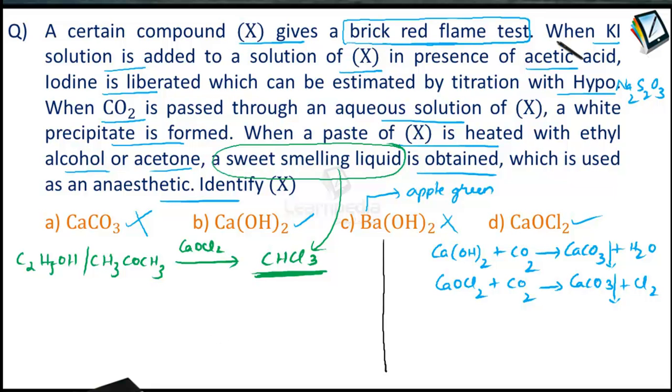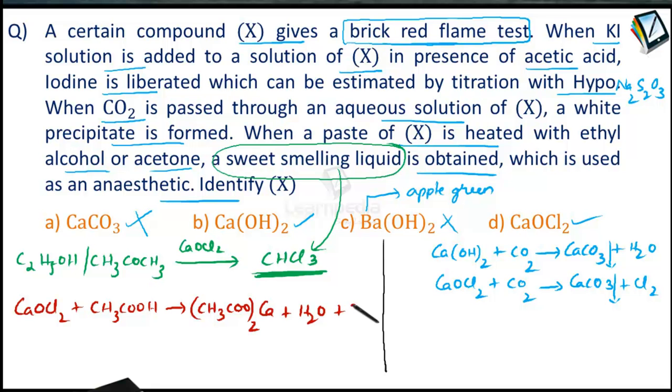Now if we come to the equations of this particular part, that is when KI solution is added to a solution of X in presence of acetic acid, first the bleaching powder reacts with acetic acid to form calcium acetate, (CH3COO)2Ca, along with the liberation of chlorine.